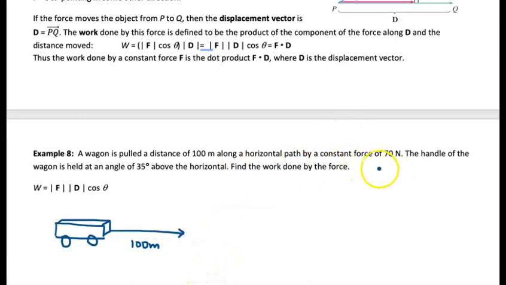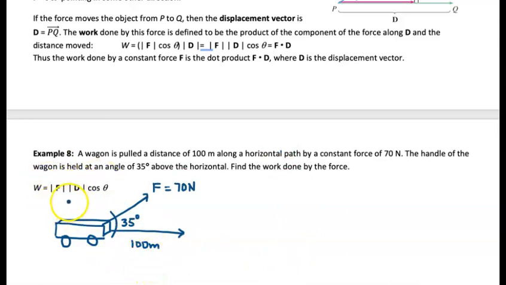It's pulled by a constant force of 70 newtons, and the handle of the wagon is held at an angle of 35 degrees above the horizontal. All right, so we have the force, which has a magnitude of 70 newtons, and it is held at an angle of 35 degrees above the horizontal. So we want to find the work done by the force.